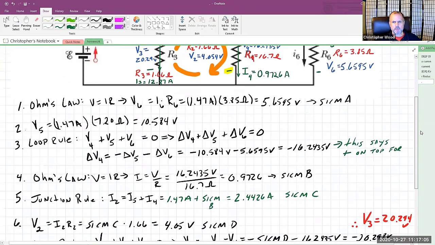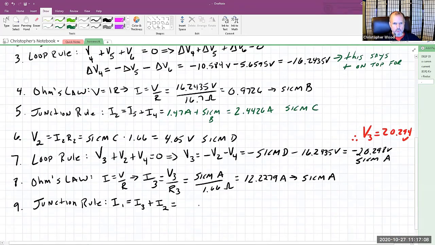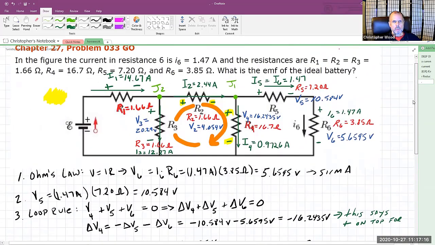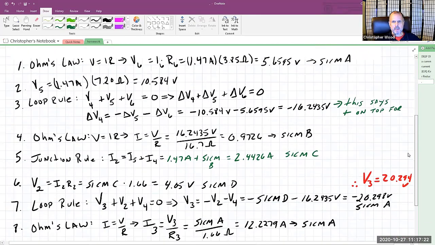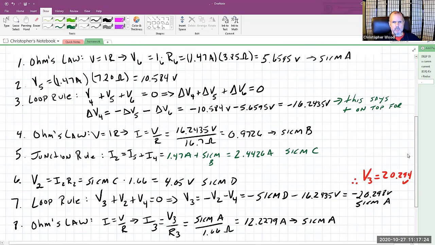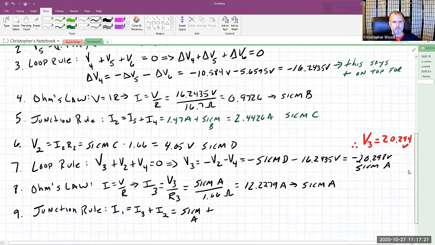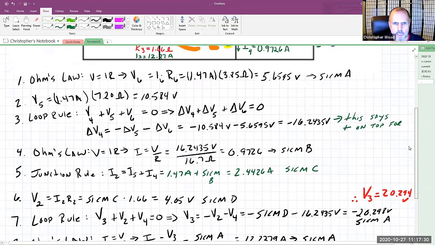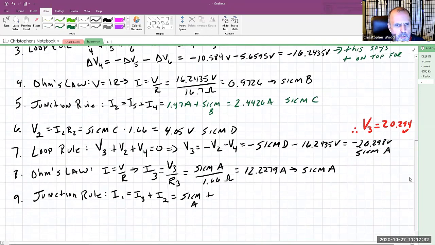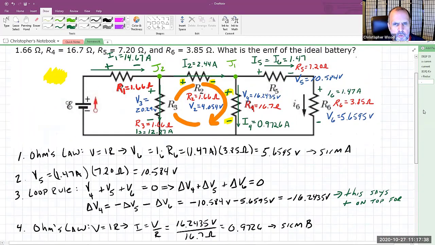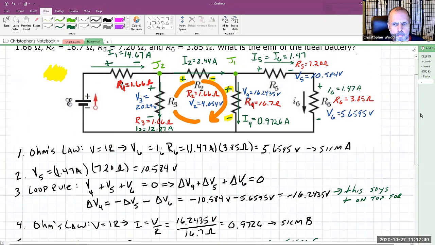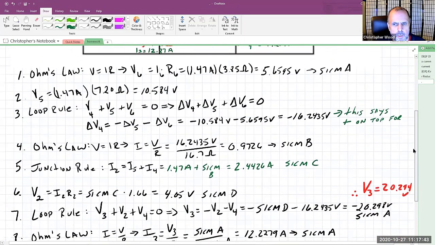The current flowing through resistor 3, we just figured that out. That's 12.27 and some change, which I had in A, plus the current going through I2, which is 2.44 with my numbers, but I had that sitting in my calculator somewhere. Where did I see that? I2 is 2.44. Maybe I didn't write that down. Let me check.